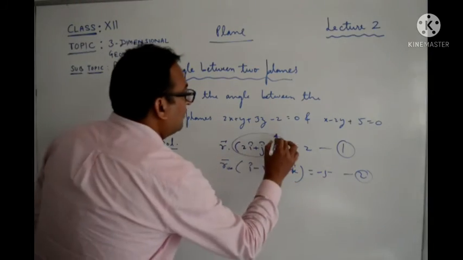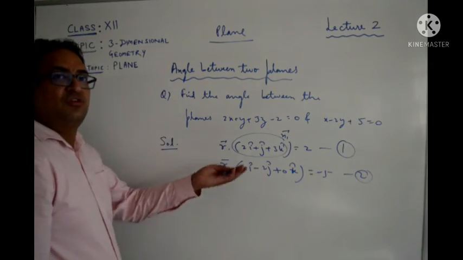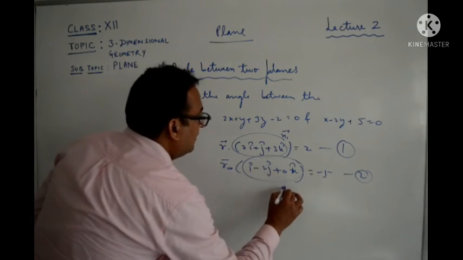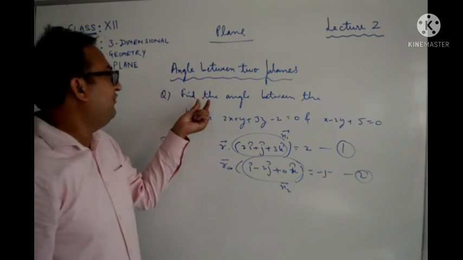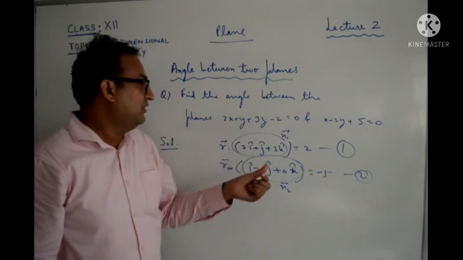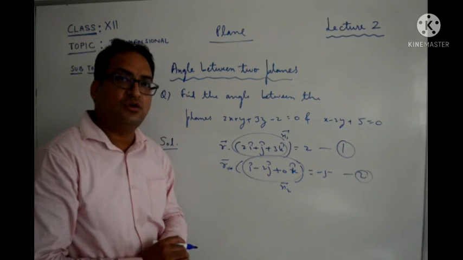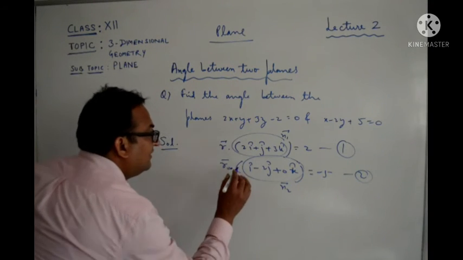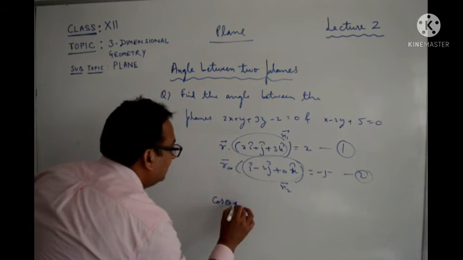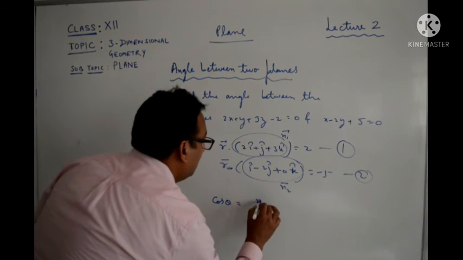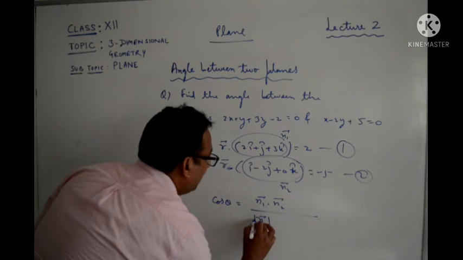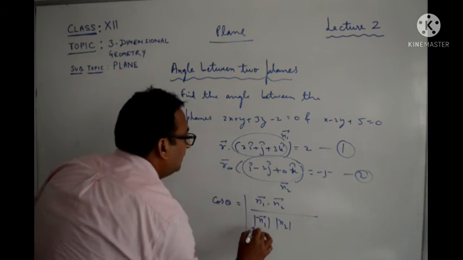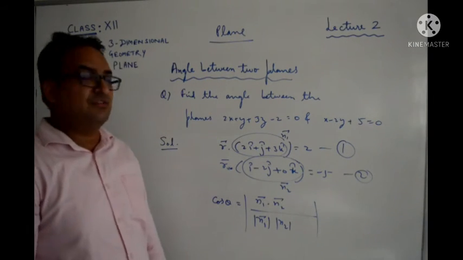This is the normal vector n1 to the first plane, and this is the normal vector n2 to the second plane. To find the angle between the two planes, we have to find the angle between their normals. For that, the formula is cos theta equals the absolute value of n1 dot n2 divided by the magnitude of n1 times the magnitude of n2.